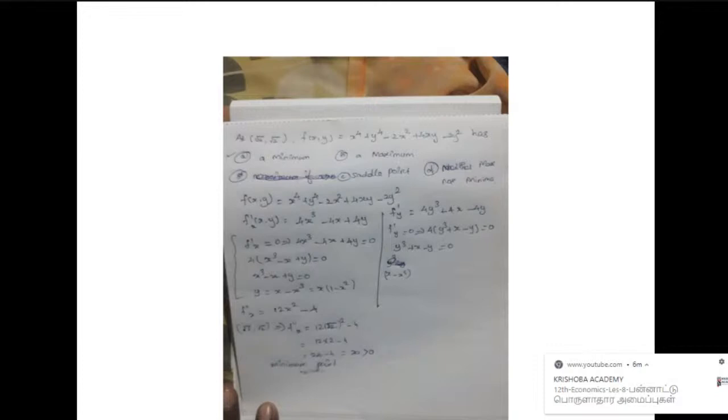Now, if they give the intervals, how do we find the minima and maxima? This is the example. We have to find the minimum value for this function: f of x is equal to 1 by 3x into x square minus 3, in the interval minus 100 less than or equal to x less than or equal to plus 100.